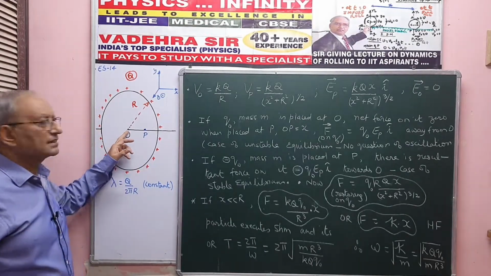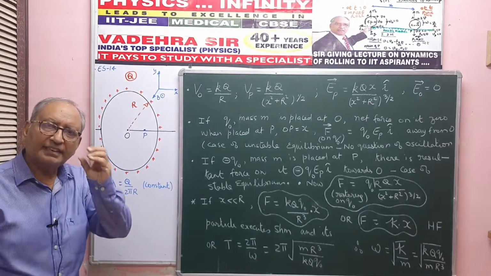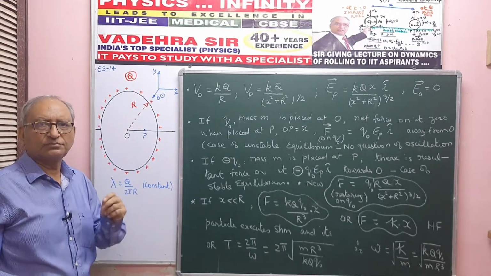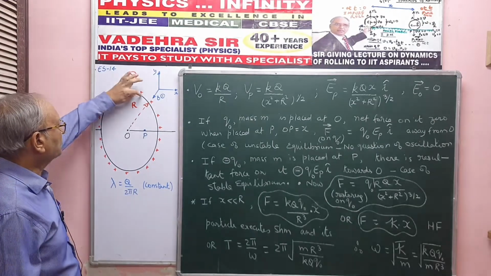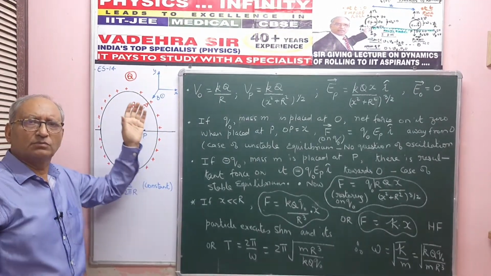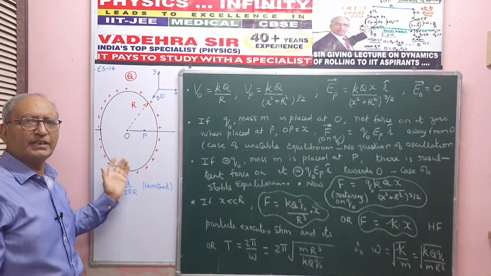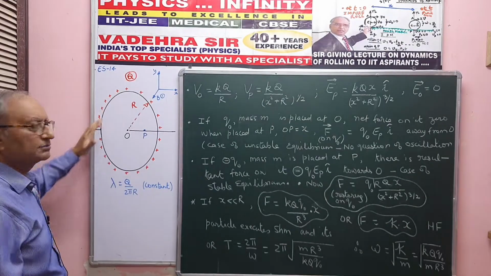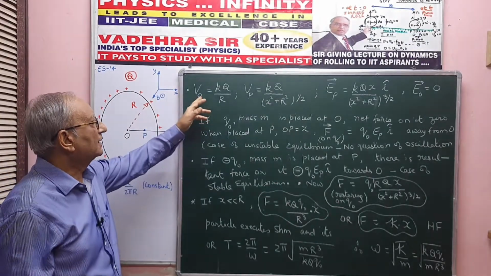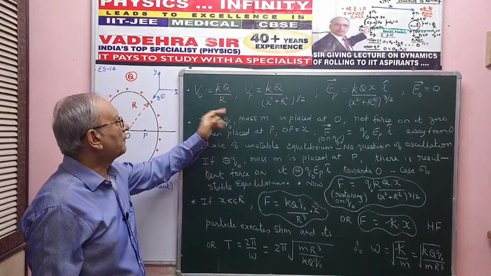The potential at the center of the ring is KQ upon capital R. Obviously, if you take a small element dq, k dq upon R is the contribution. So the potential at the center is kQ upon R.